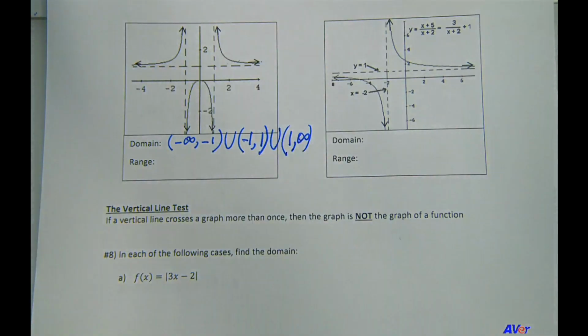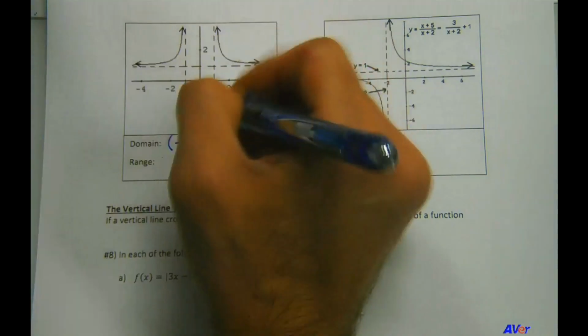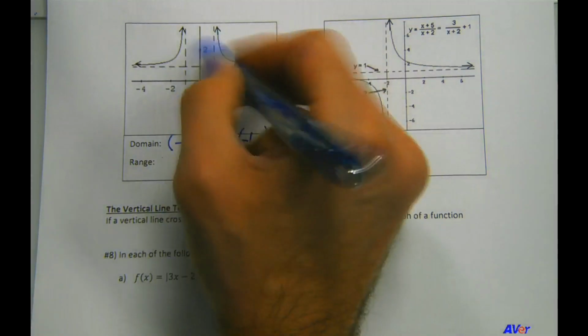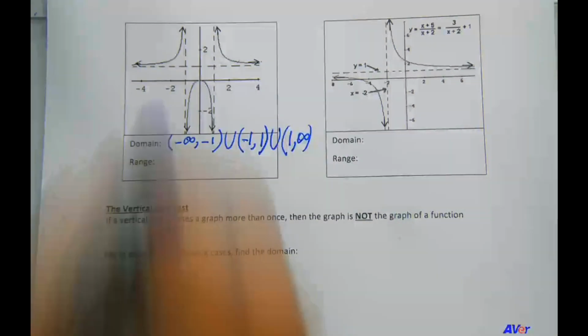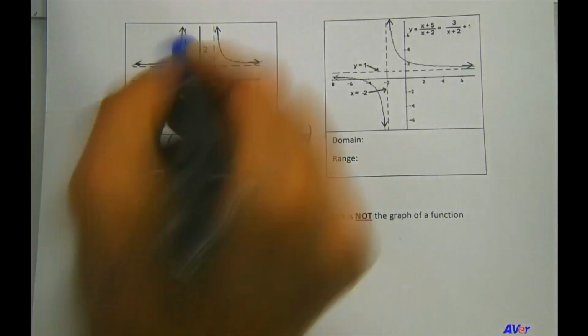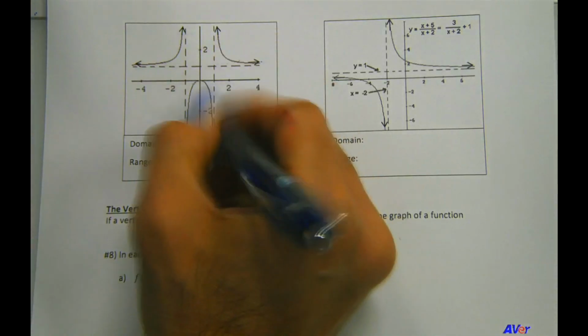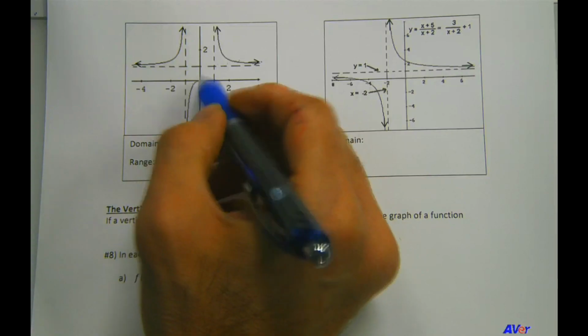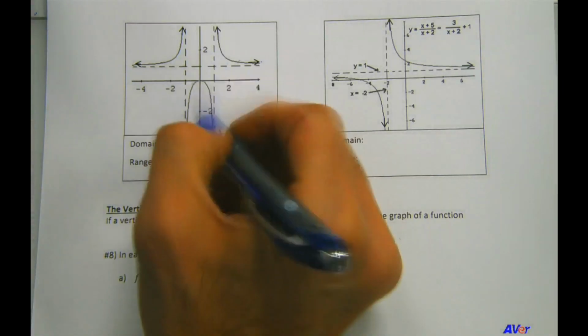Okay? Then the range. The range is looking at the behavior of all these three pieces with respect to the y-axis. So this time, never mind the x-axis. Just force your eyes to look at the behavior of each piece with respect to the y-axis.